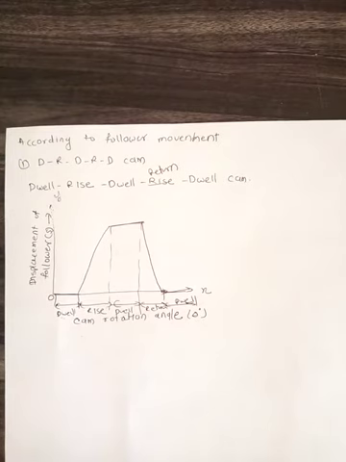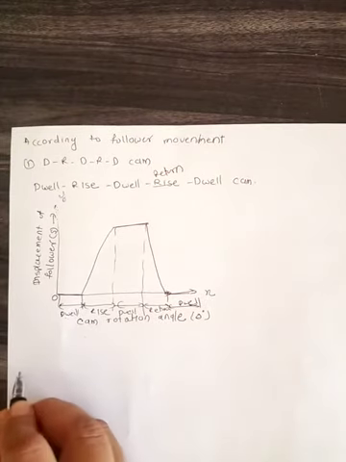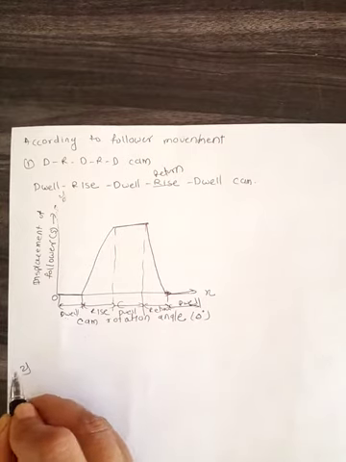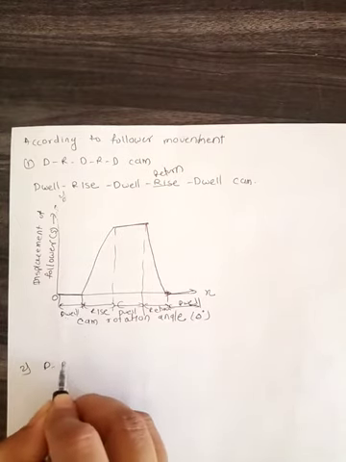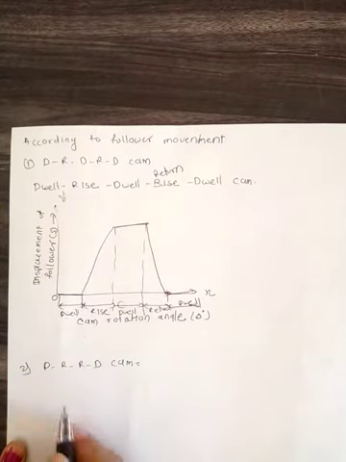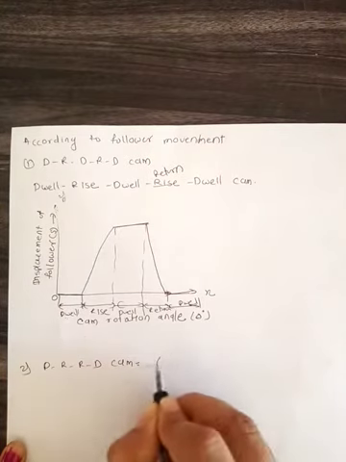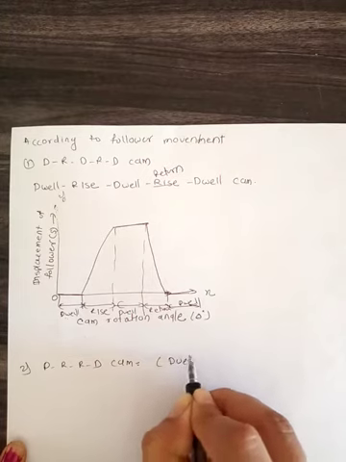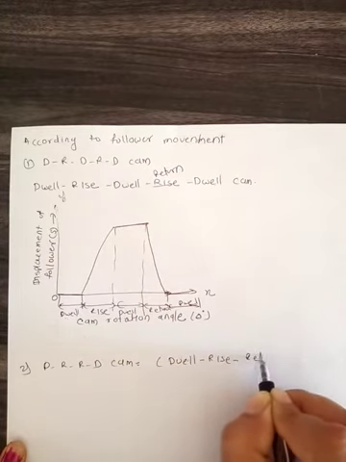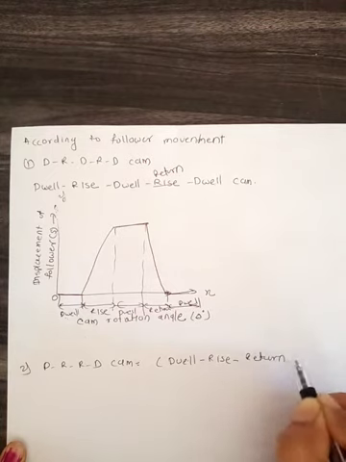This is the first type of the DRD cam, and the second will be the DRRD cam, which means dwell, rise, return, and dwell.